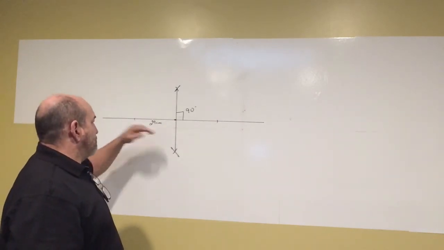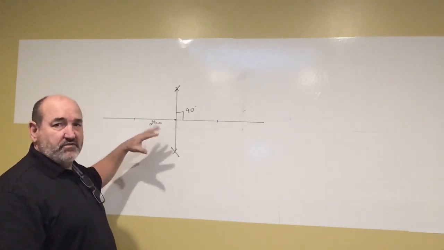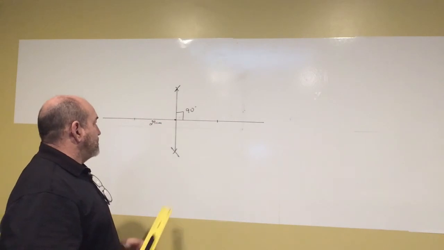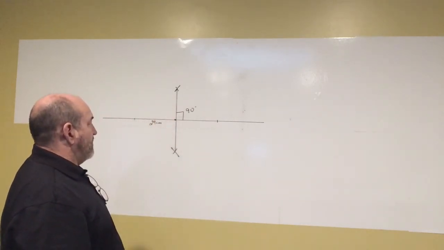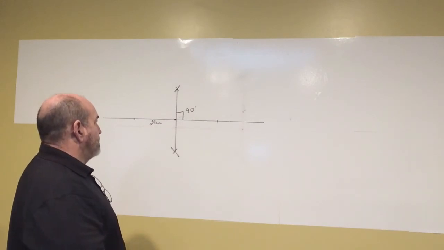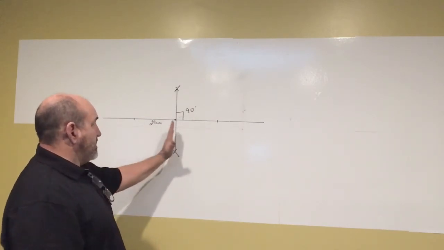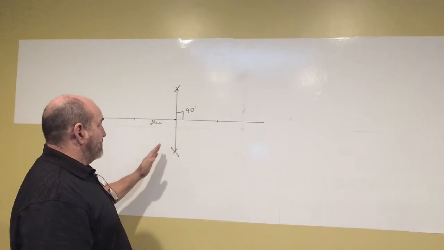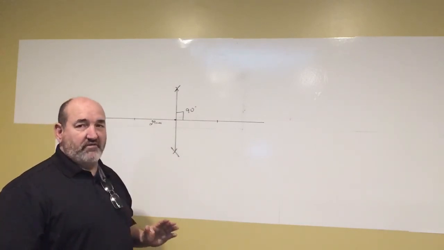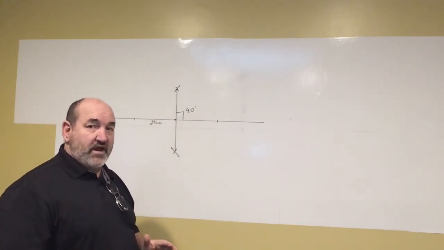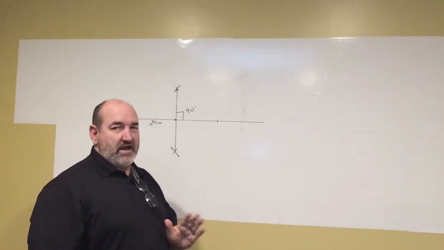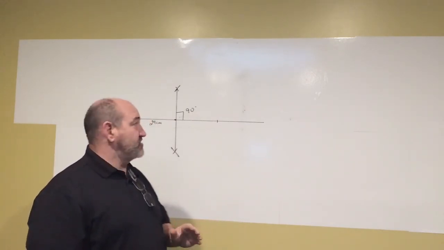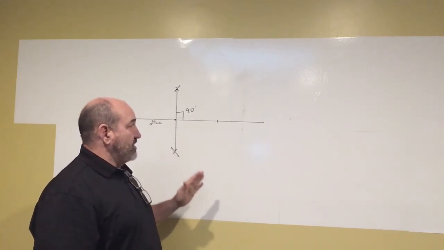I'll take a picture of this and put it up on the site so that you can see it. With all of the information you have right here, you should be able to develop not only the 90 degree angle, but also a perfect 45 degree angle using the same process, but you're going to have to think about how to put it all together. So get all of that done.